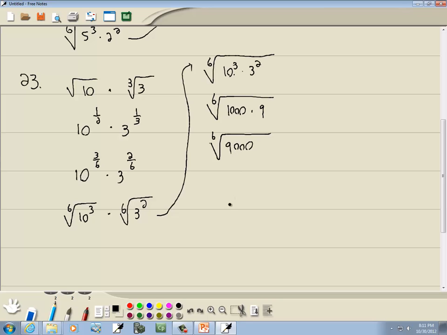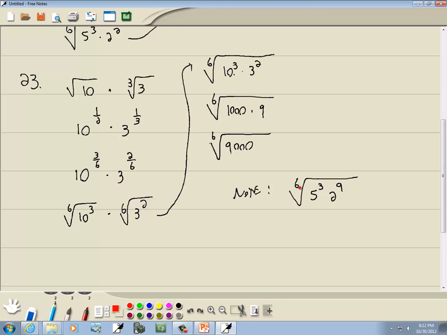Sometimes in these problems, after you merge them together like that, you may have something that looks like this. Like 6 here, and then you have 5 to the third, and 2 to the ninth, or something like that.